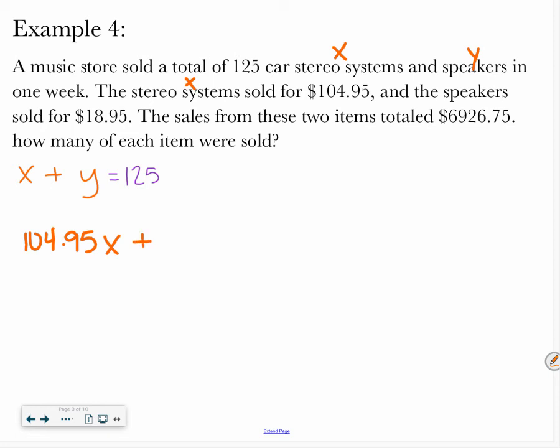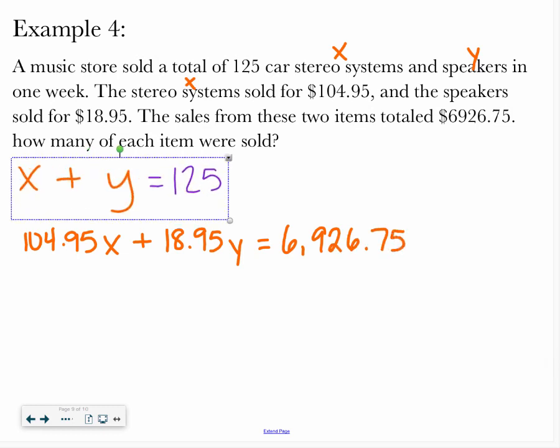We've been doing it for a long time. Speakers sold for $18.95. We said speakers were Y. So however many speakers we sold. And we know our total money was $6,926.75. So those are my 2 equations.